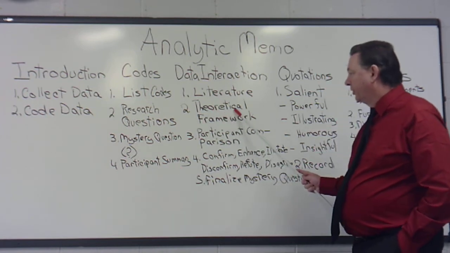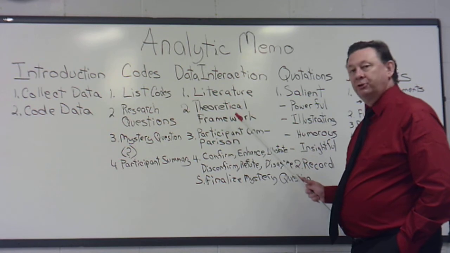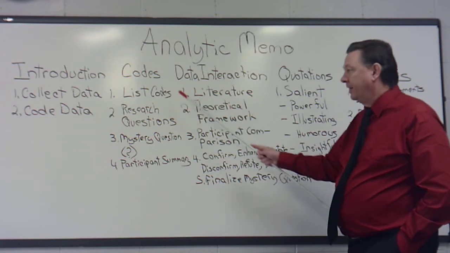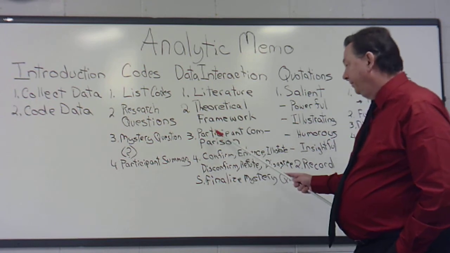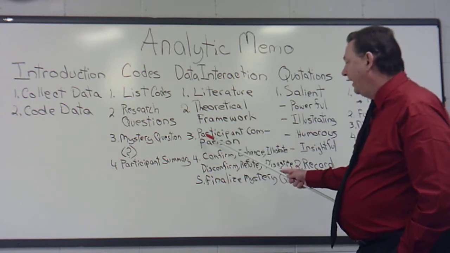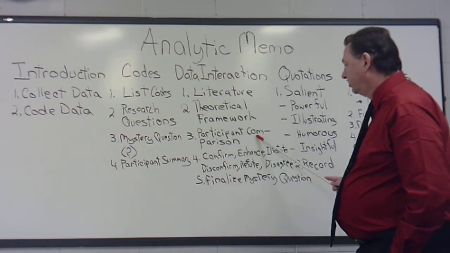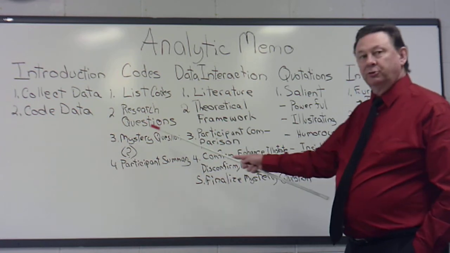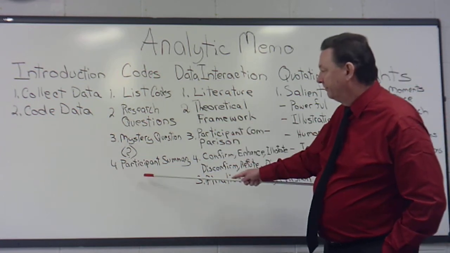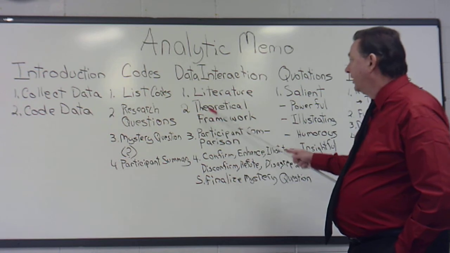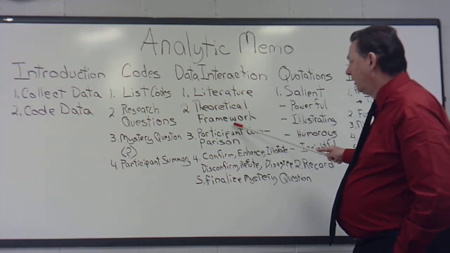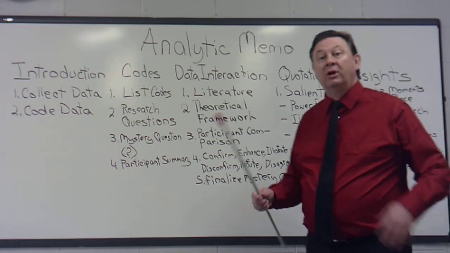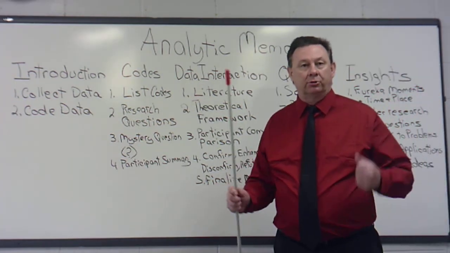Then you look at your theoretical framework. What did your theoretical framework say about the 3 research questions? Now, you compare your participants' answers to those research questions, which you have here in the first section, with the way your literature and your theoretical framework answered those research questions. So you have a comparison and contrast.